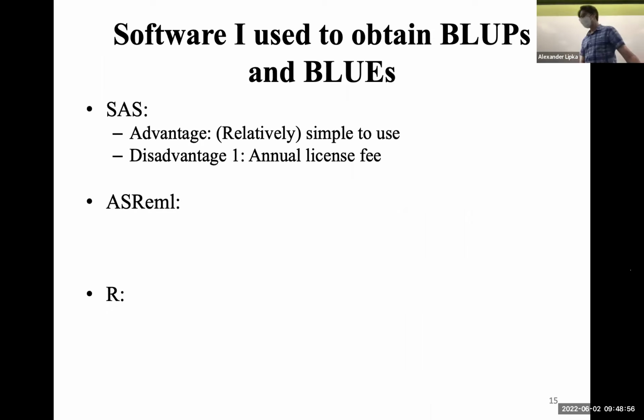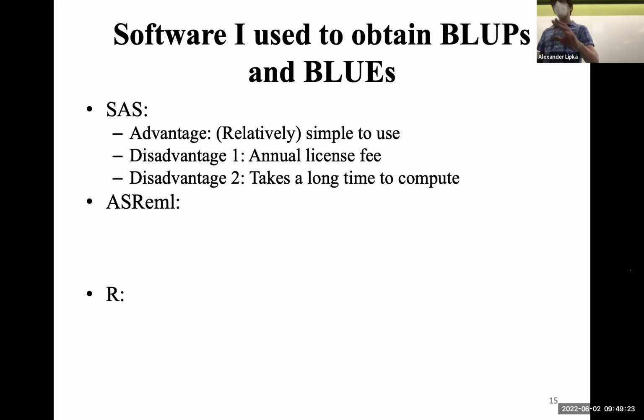I'm a firm believer that you don't have to pay several $100s a year in order to use the most appropriate statistical analysis, okay? I think that for proper dissemination of these approaches to the entire world, you don't have to pay any money for it. So that is a disadvantage for me, for SAS. I mean, you have to pay an annual license fee.